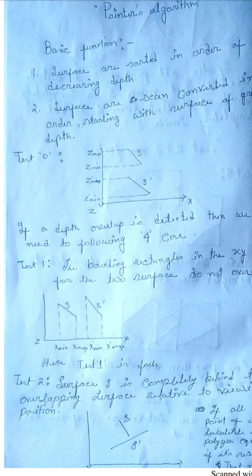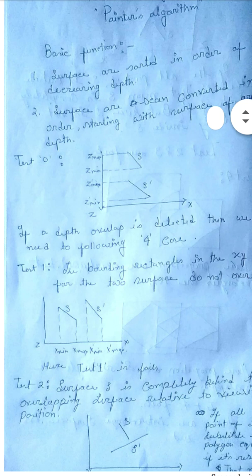And number 4: the projections of the two surfaces onto the view plane do not overlap. That means in the view plane you have two projections but they will not overlap. As this one does not satisfy test 0, we will go to test 1.